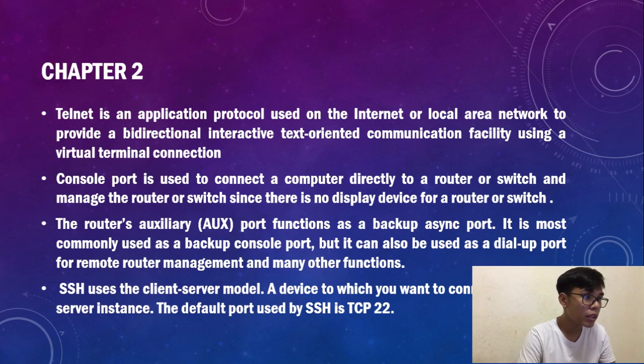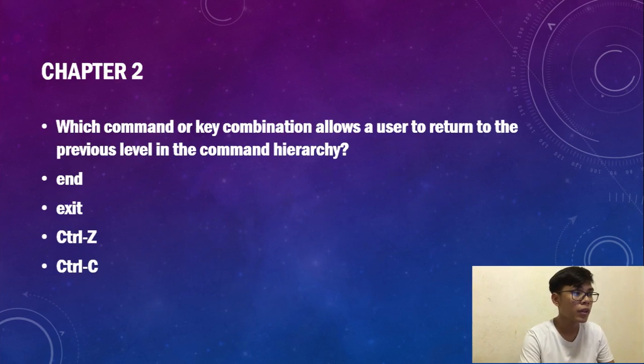It is most commonly used as a backup console port, but it can also be used as a dial-up port for remote router management and many other functions. So the answer is SSH, which uses the client-server model. A device to which you want to connect must run a server instance. The default port used by SSH is TCP 22.